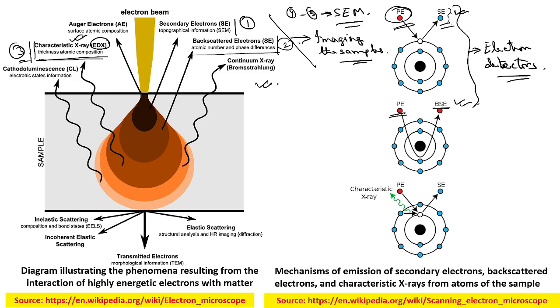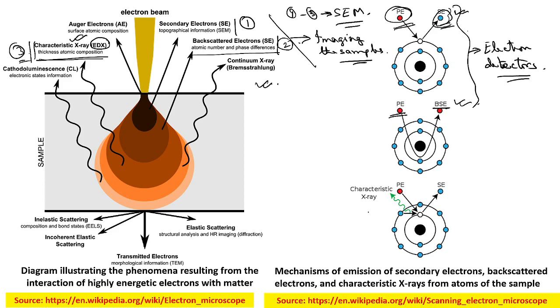So the energy with which these secondary electrons are generated will be lower, right? So as I said, the detection of the secondary electrons and the backscattered electrons is done using this energy regulated filter. If the energy is higher, the detector records it as a backscattered electron, and if it is a secondary electron, it would have a lower energy.